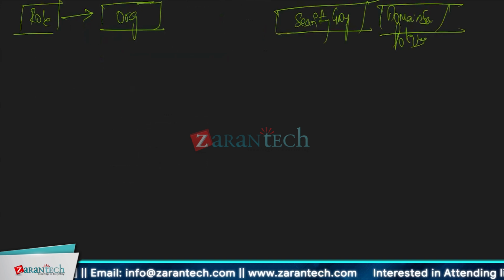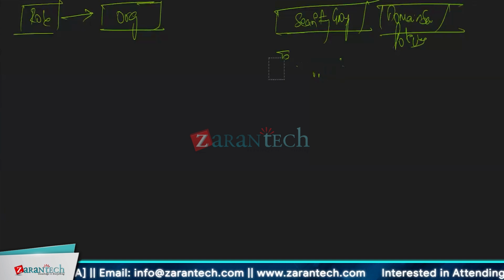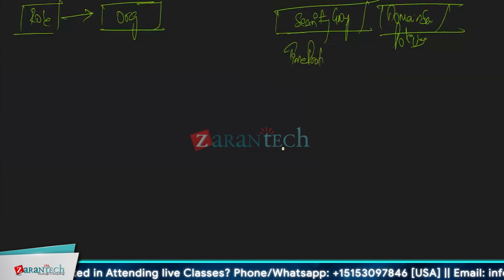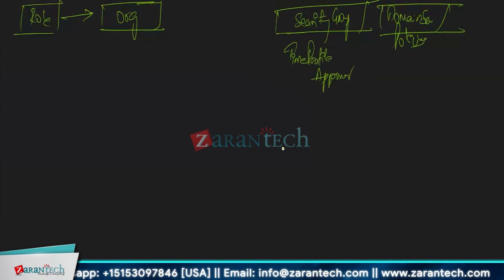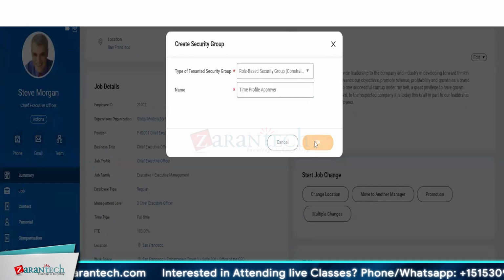For now, I'm creating a security group called time profile approver. So I created a security group called time profile approver. Let me go ahead and create a role-based unconstrained security group called time profile approver.